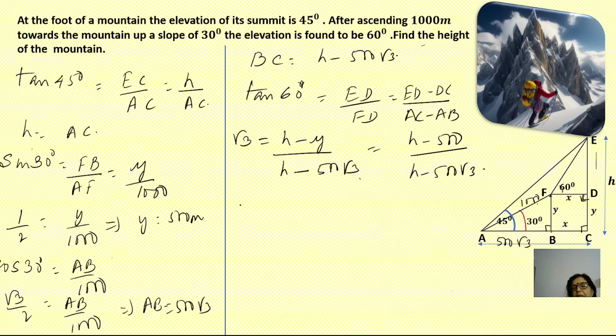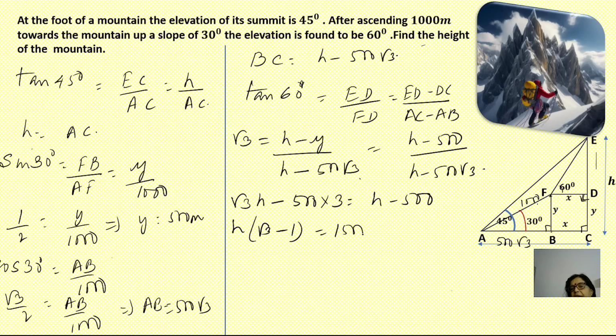Now let's cross multiply. So we get root 3 H minus 500 into 3 is equal to H minus 500. So again we get root 3 H common, root 3 minus 1, transfer H to the left hand side. This becomes 1500 minus 500, that is 1000.